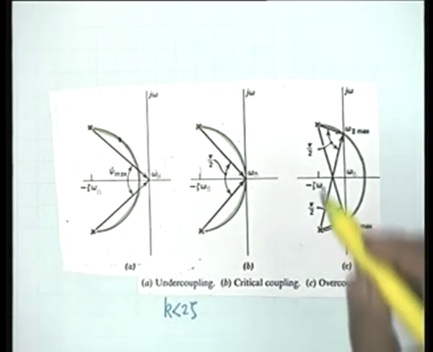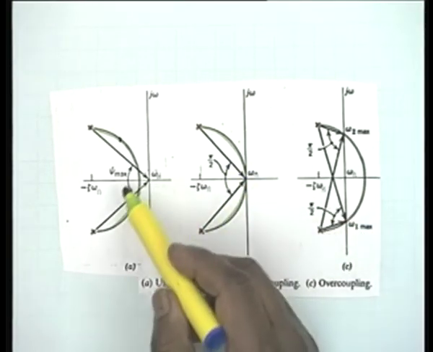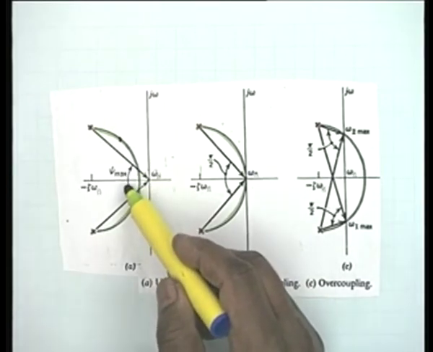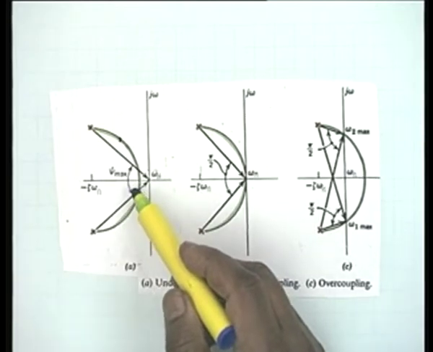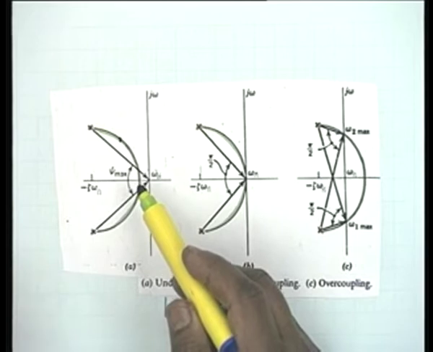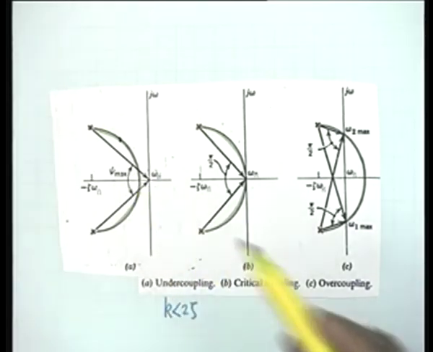Now if you go here, psi max cannot reach pi by 2, and therefore the maximum is less than what would have occurred otherwise. We will show this by a picture later.